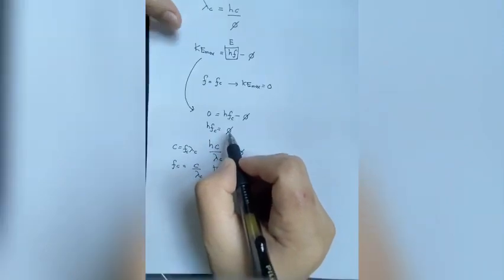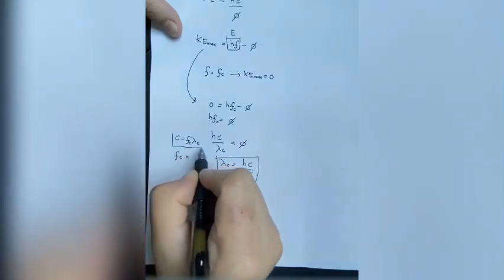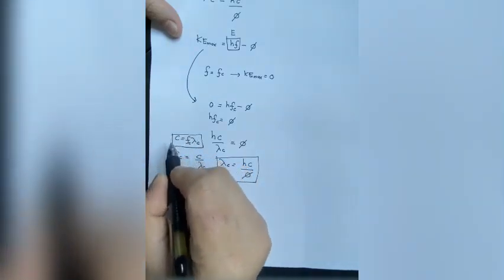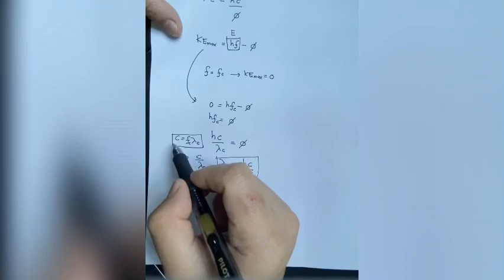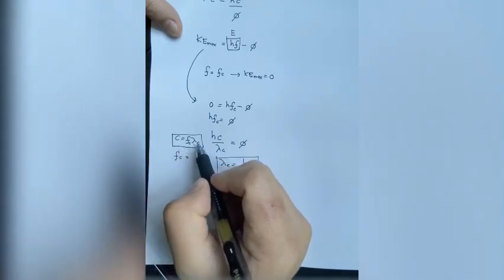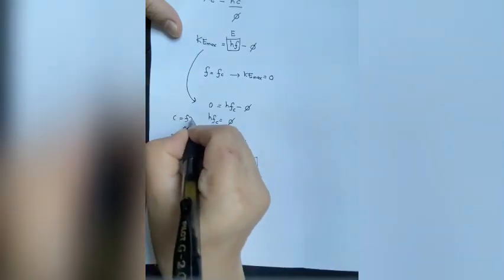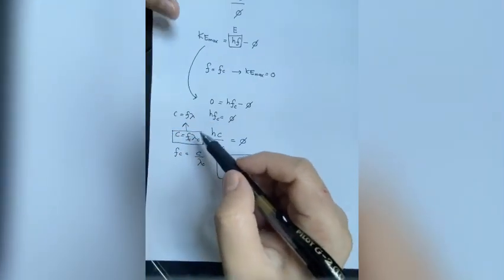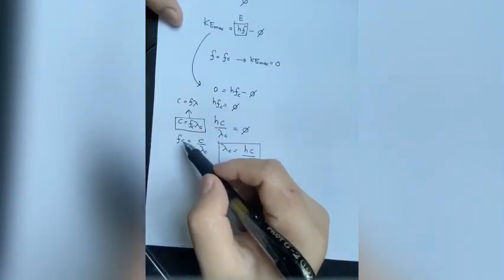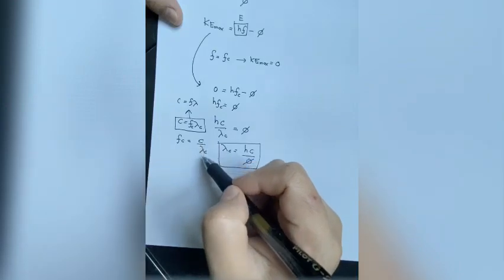Then for the speed of light, c is equal to fc lambda c, from c equal to f lambda. Rearranging, fc is equal to c divided by lambda c.